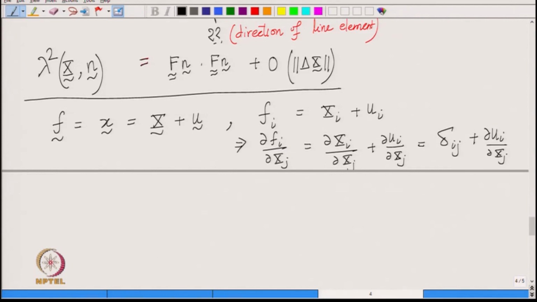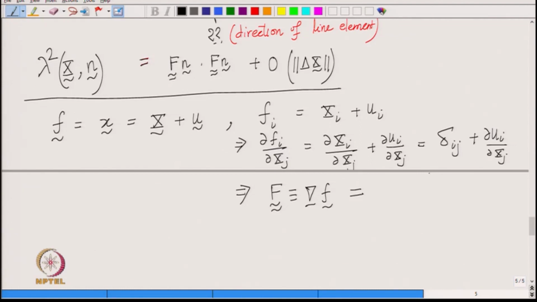You see, this is in the component form, and if you think of the corresponding tensor, so the left hand side del small f I over del big X j is basically the second order tensor, is not it? It is the deformation gradient. So, we can say it is big F, which is the gradient of small f, and the right hand side delta I j.